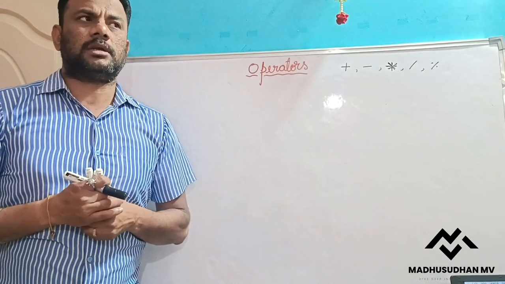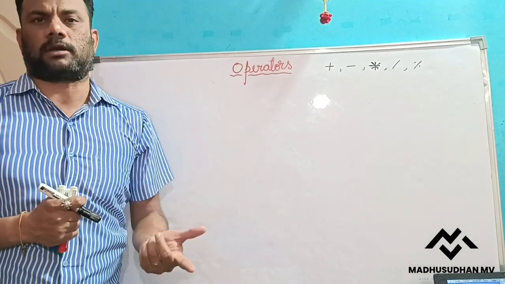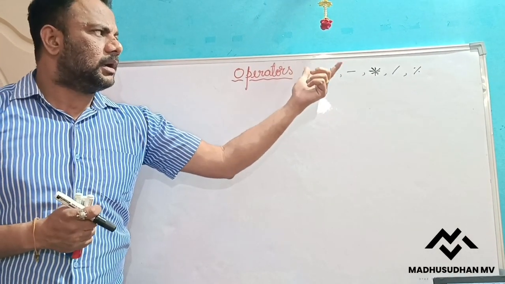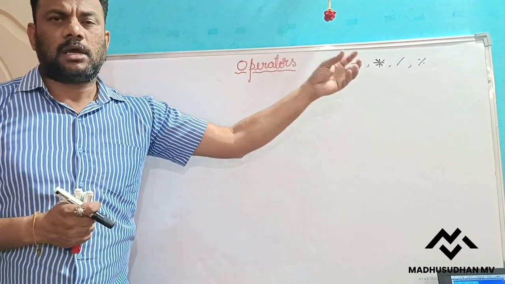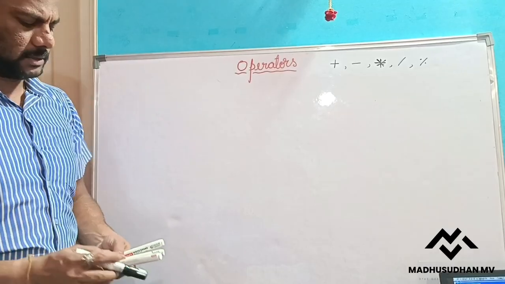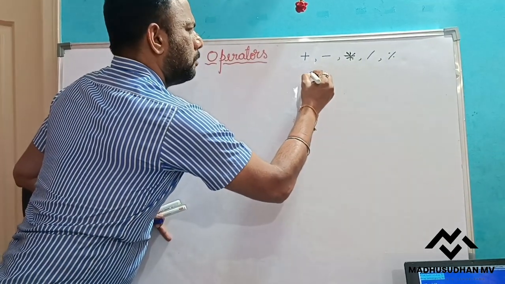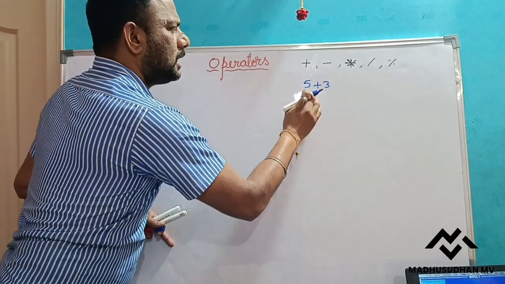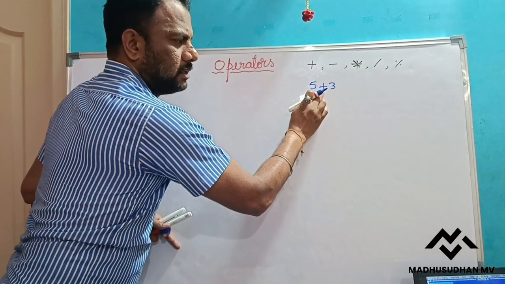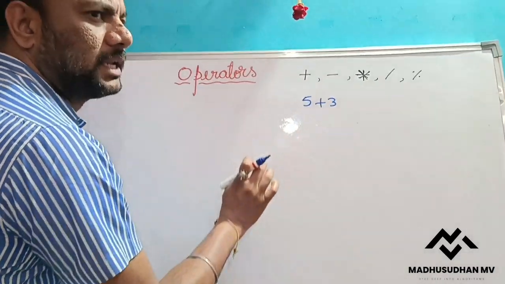So now the next question: these operators are performing operations on what? Generally we use these operators on either constants or variables. For example, let us say 5 plus 3. Here I am performing the addition operation using the plus operator on two constants, 5 and 3.